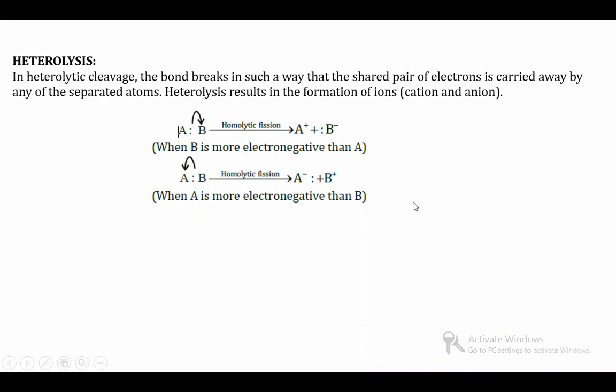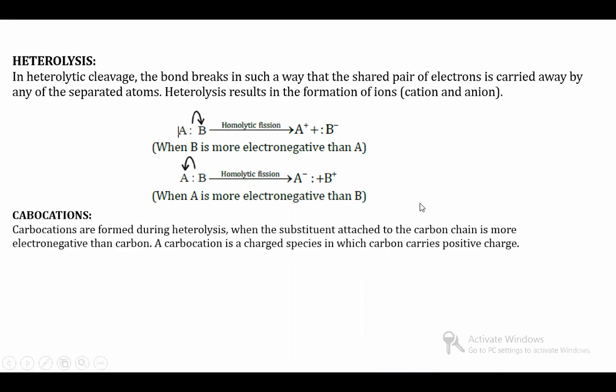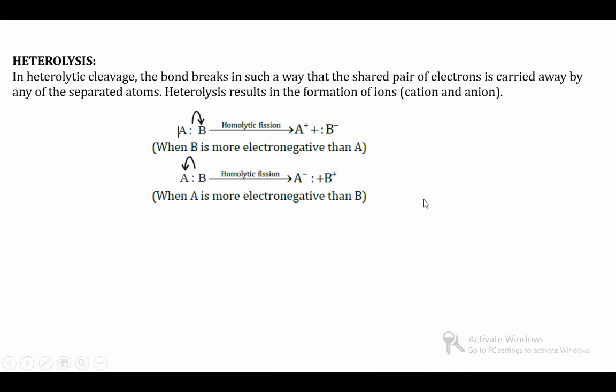Similarly, homolytic. In the case of homolytic, how does it form? The cleavage, the separation, takes place equally.